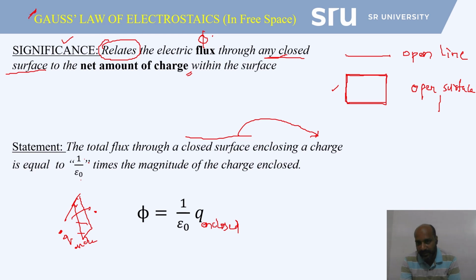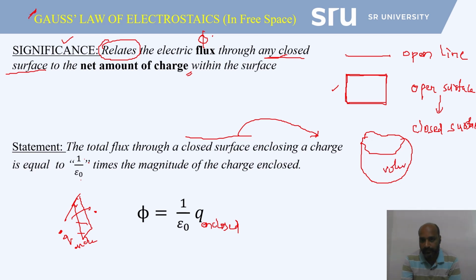Now what does it mean by a closed surface? Randomly I will take this as a surface. Now this is an open surface. Now if that surface is enclosing some volume, now this is a volume, right? Now this surface is a closed surface. Like if you take a bottle cap, now this bottle cap is an open surface.